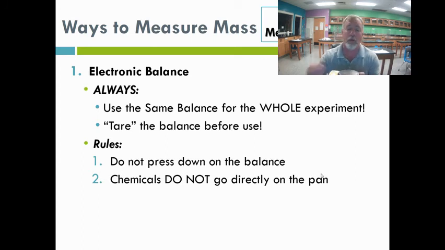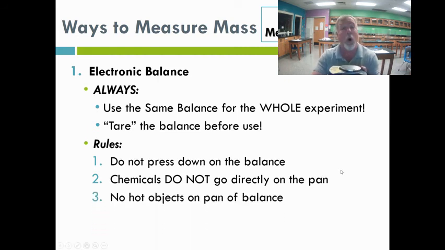The second thing, chemicals do not go directly on this pan, this top part here. That's why I was talking about a tare before. Usually we'll put a beaker on here, or we'll put a little plastic bowl that we'll call a dish or a weighing boat. We'll put that on here, but nothing goes directly onto this pan of our balance. No hot objects either. We don't want to put hot objects on here.